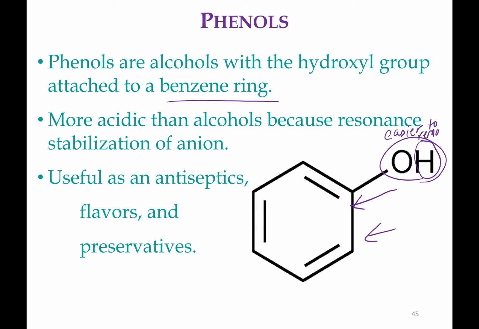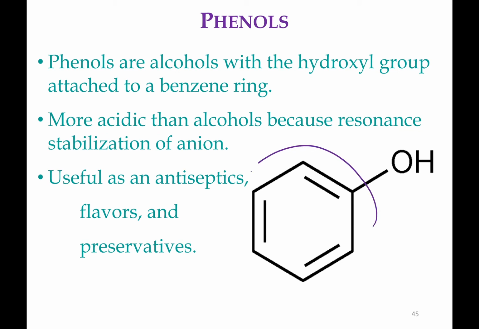Now, normally, we don't talk about alcohols being acidic at all in this class because they really aren't very acidic. But when they're attached to this benzene ring, we pull that electron density away and that hydrogen can be more easily lost. So we can undergo an acid-base reaction.